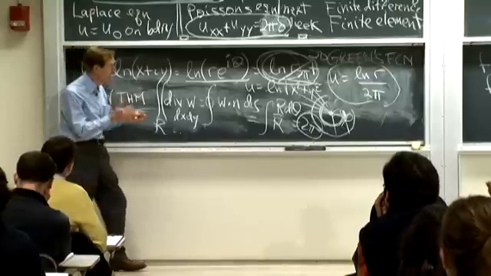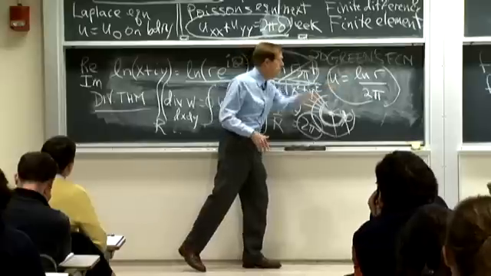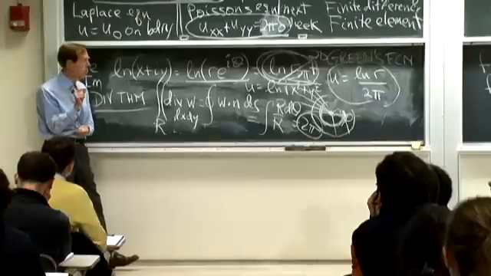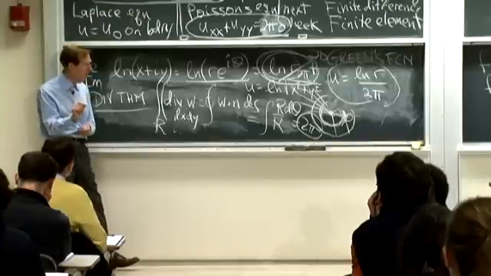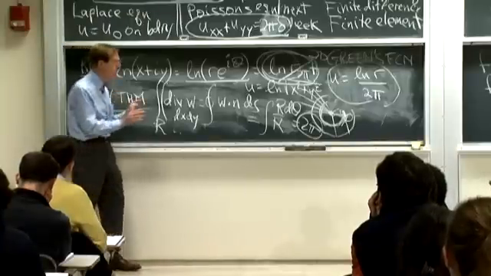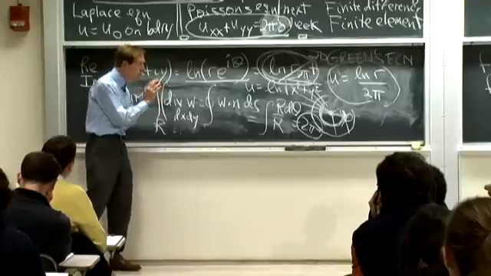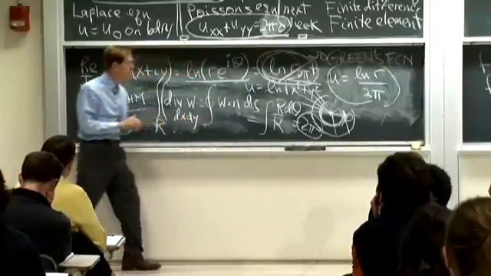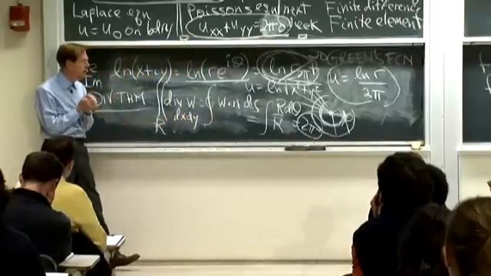It behaves like log r. And in 3D, I think the answer is 1 over 4 pi r. It's just amazing that those Green's functions, when the right side is a delta, have such nice formulas.